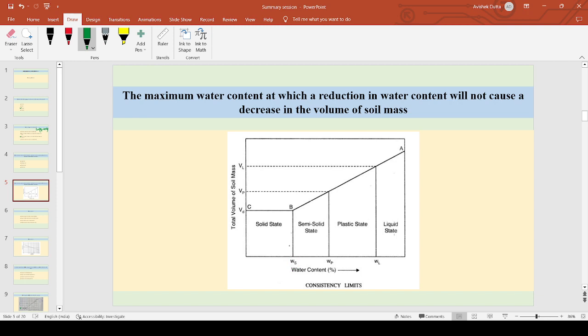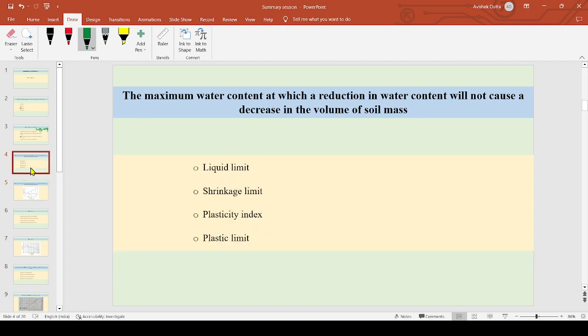The soil stops shrinking after this point and has a constant volume throughout, even if the moisture content is reduced to zero. So the answer to this question, the maximum water content at which reduction in water content will not cause a decrease in the volume of soil mass, will be the shrinkage limit.